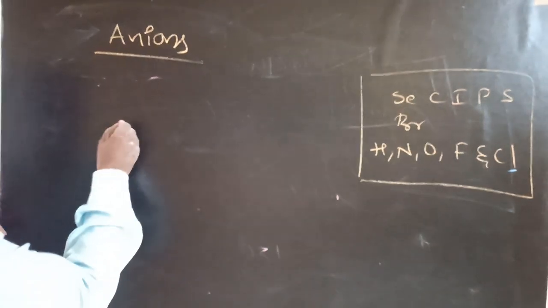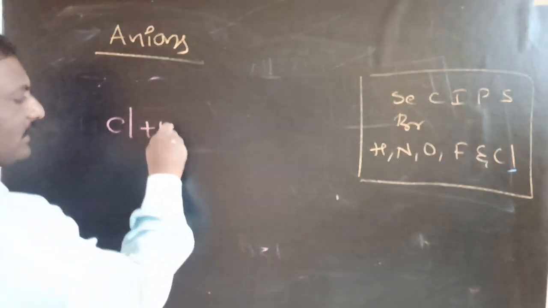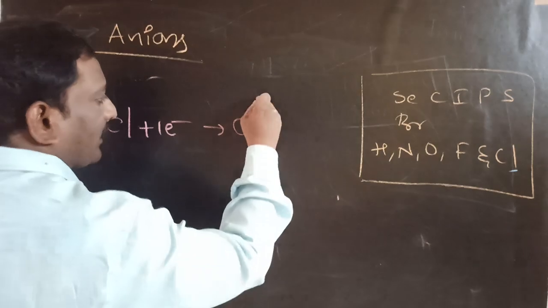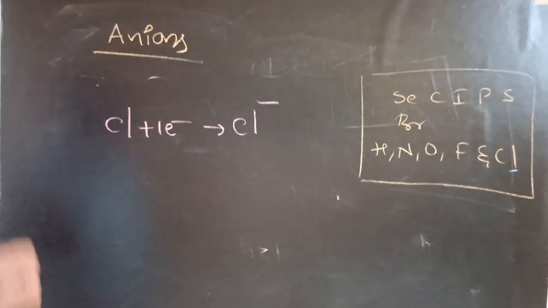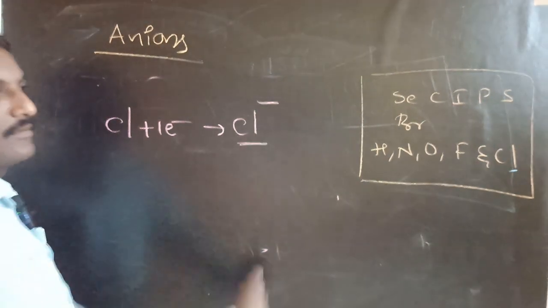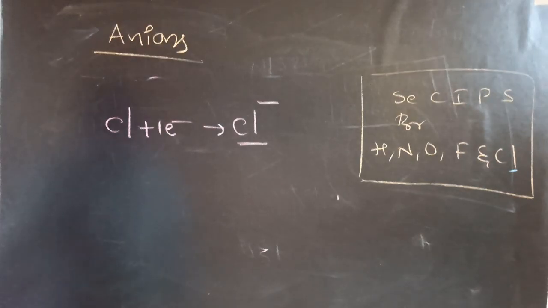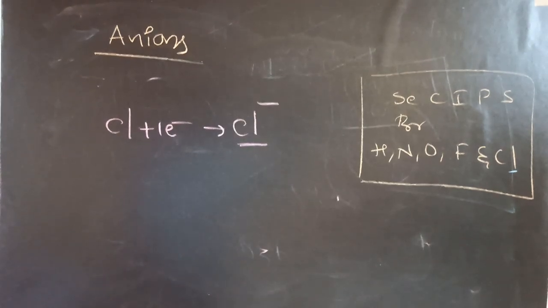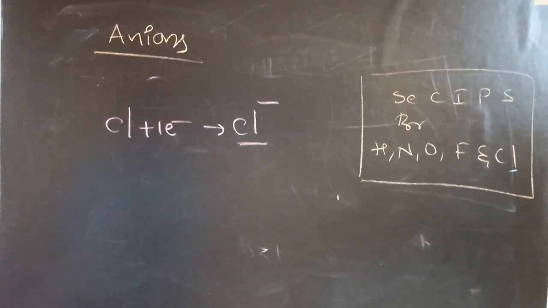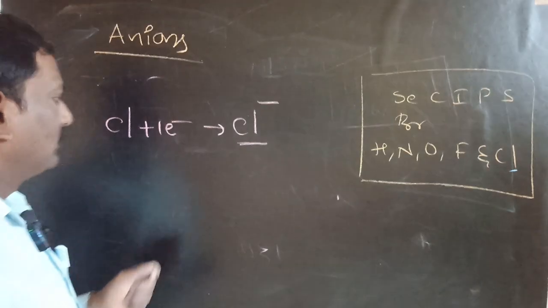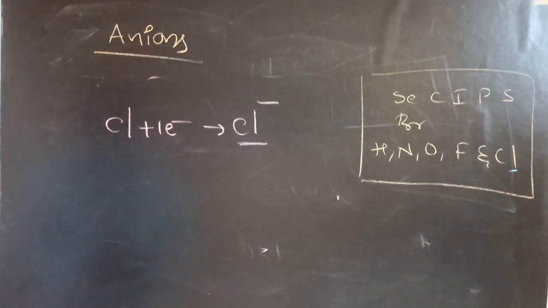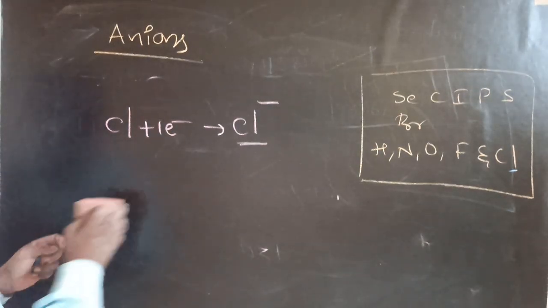Chlorine, by the gain of one electron, gives chloride ion. Chloride ion. Next, let us look into formation of chloride ion.